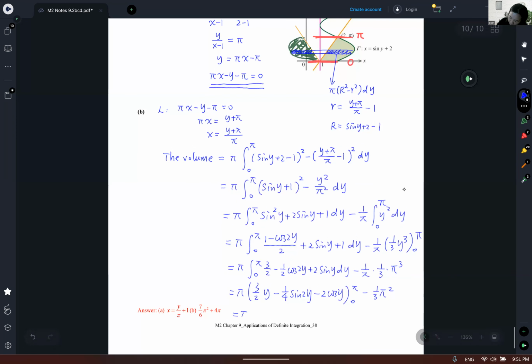And then substitution from π. 3/2 π. That's 0. Cosine π minus 0, minus 0 minus 2. Equals 3/2 π squared.